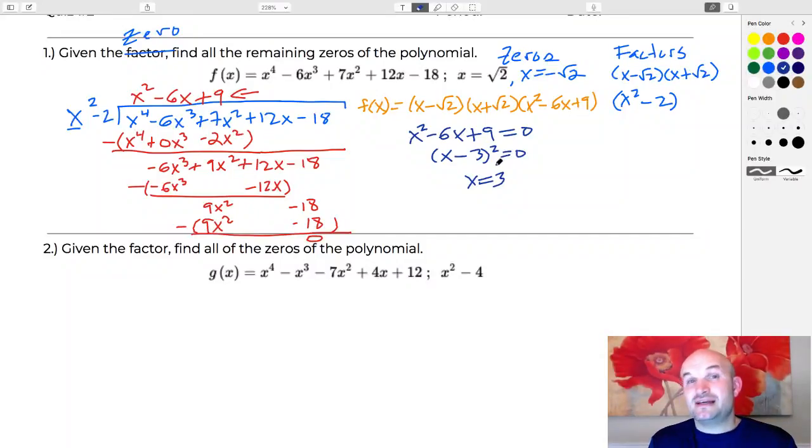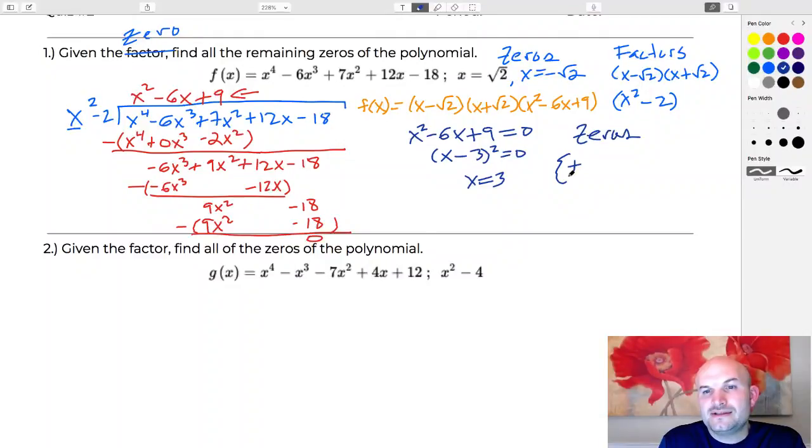You can see the factor has a power of 2, so it's going to have a multiplicity of 2. So let's go ahead and write the zeros. The zeros are going to be plus or minus 2, and then 3 with a multiplicity equal to 2. Okay, boom.